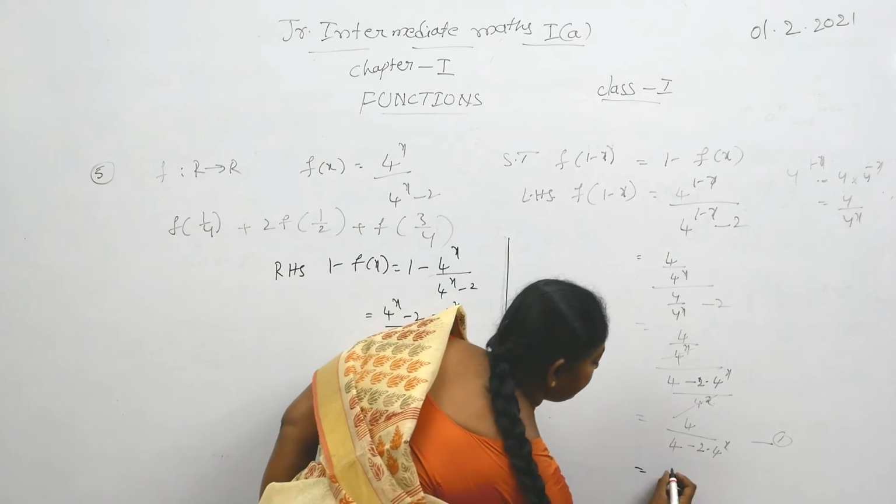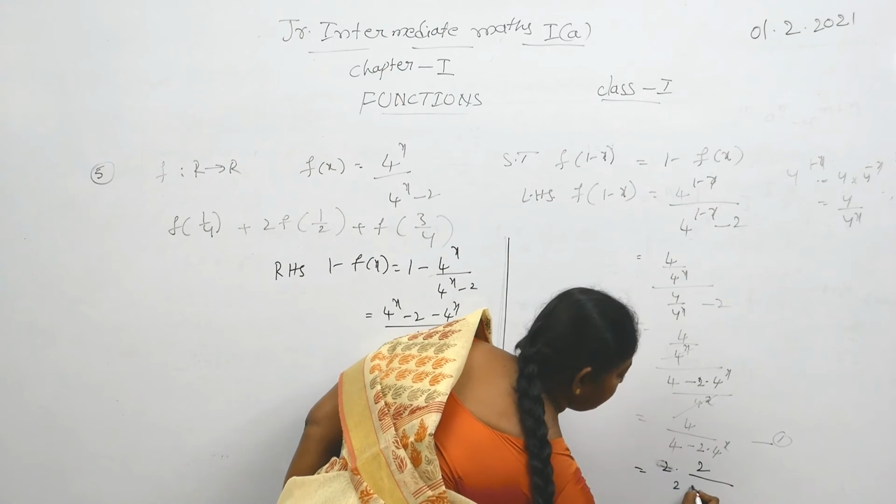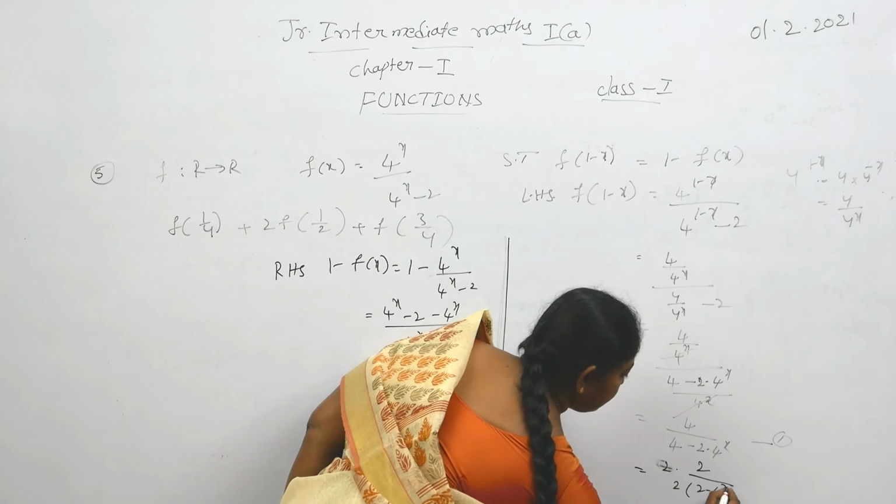Here 2 by 2 cancel, so 2 minus 4 power x.